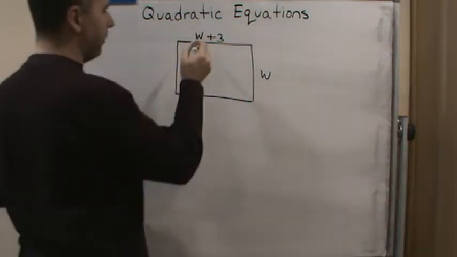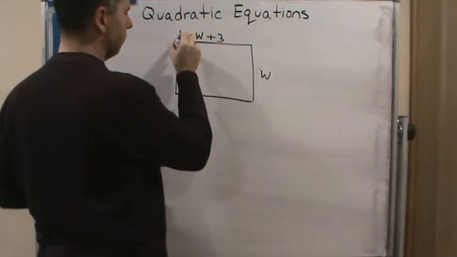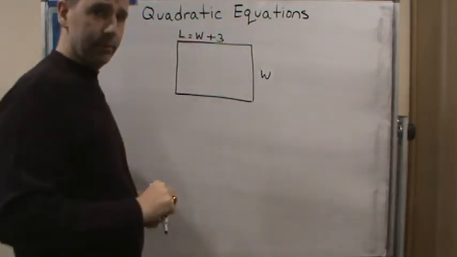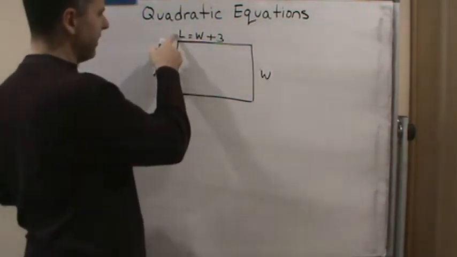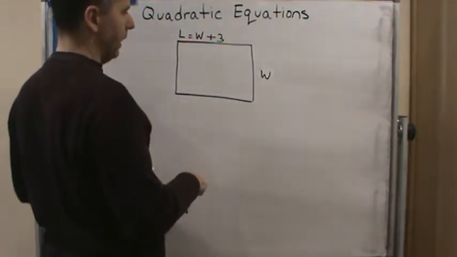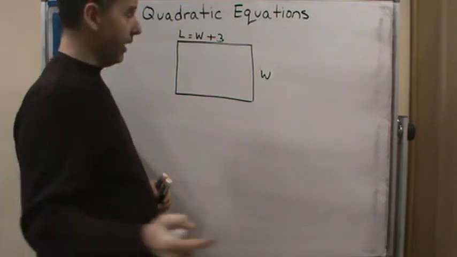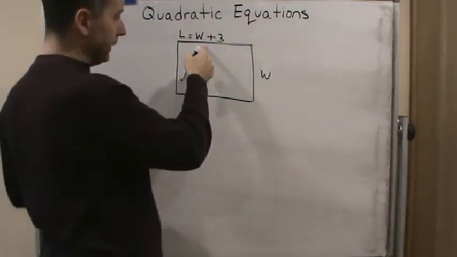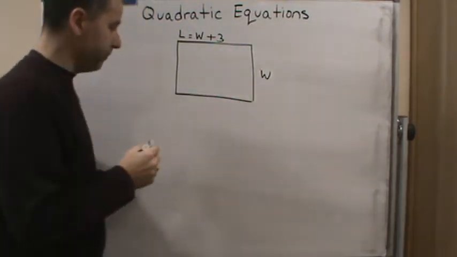Now let's label this as length. We could do that. So we could say this is length, and this is width. And this represents what they're saying: the length is 3 inches longer than the width.